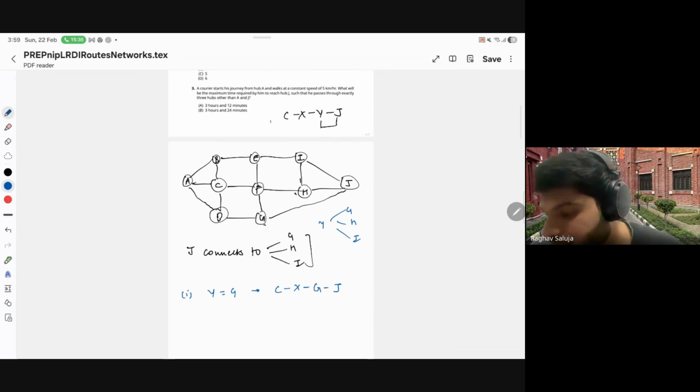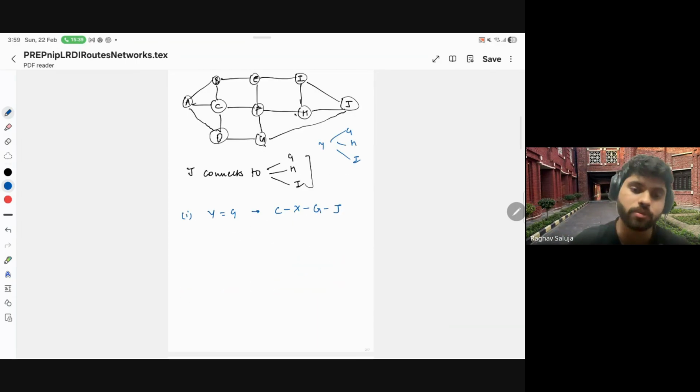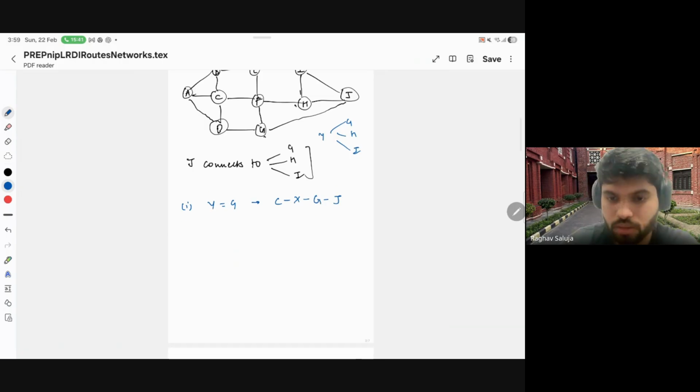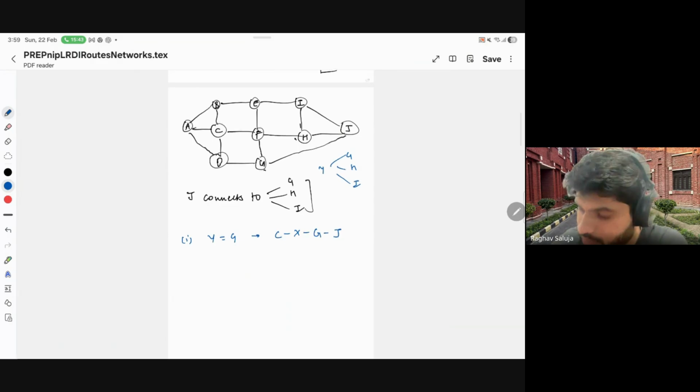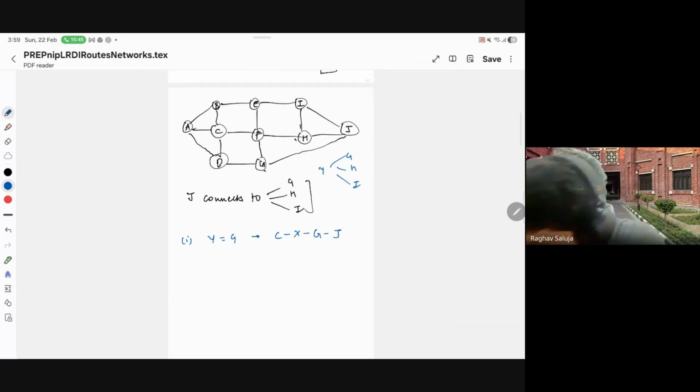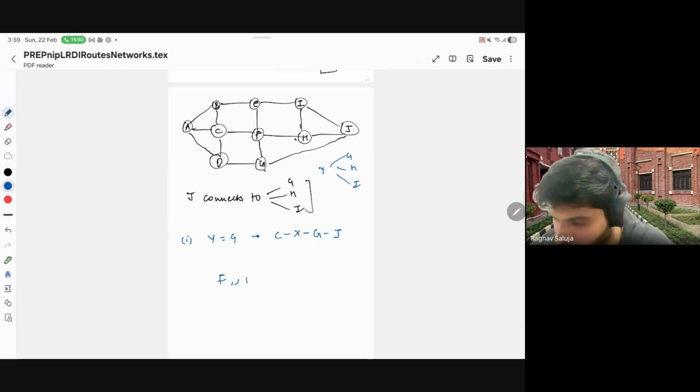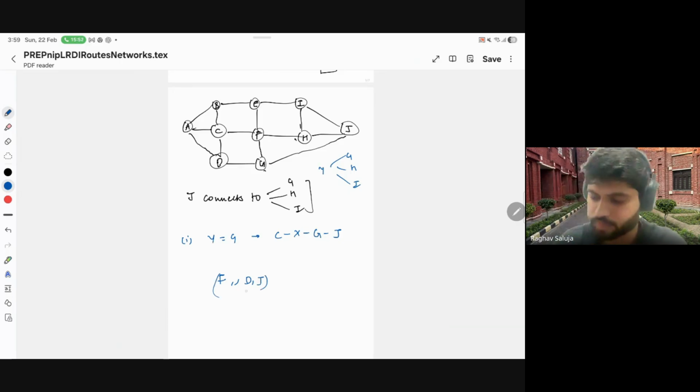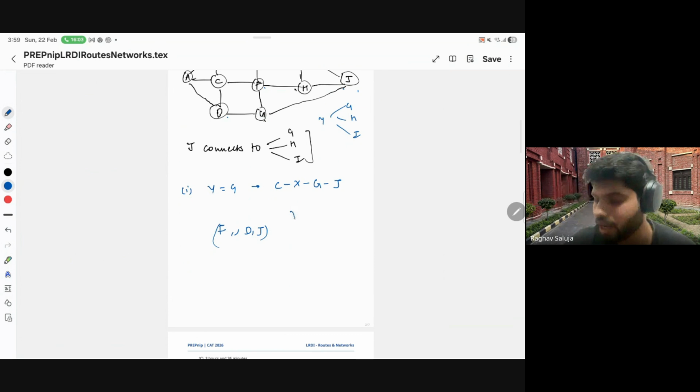हमने neighbors of J निकाले. Now let's figure out neighbors of G because we are going backwards. Neighbors of G are F, D and J. Make sense? X. अब अगर X के सीधे बाद G आता है, right?